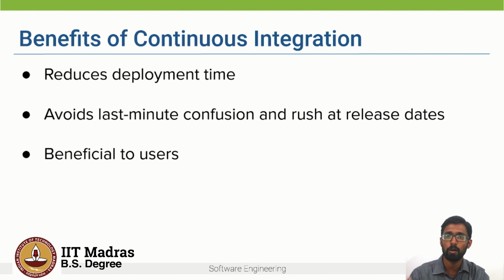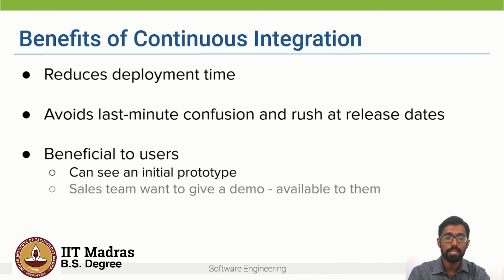So you will always have an updated copy of the software system in one of the servers. So you can always see an initial prototype, and it's available to different teams as well.